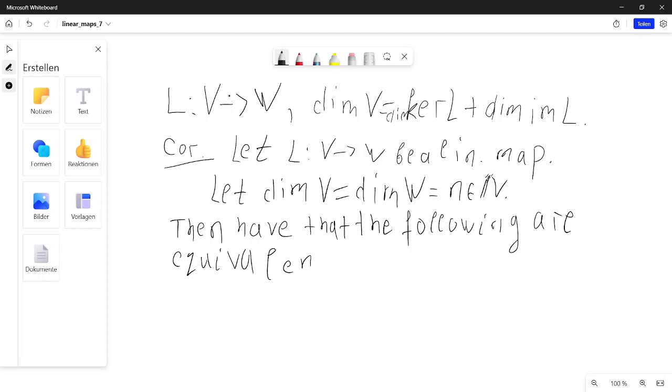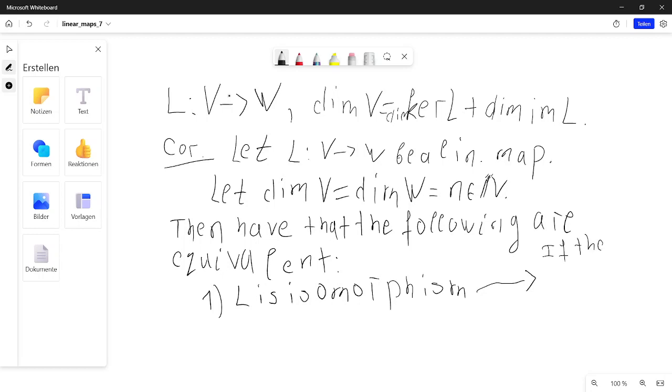First, L is an isomorphism. By the way, we should prove a lemma: if the vector spaces are isomorphic, then also the dimensions are equal.